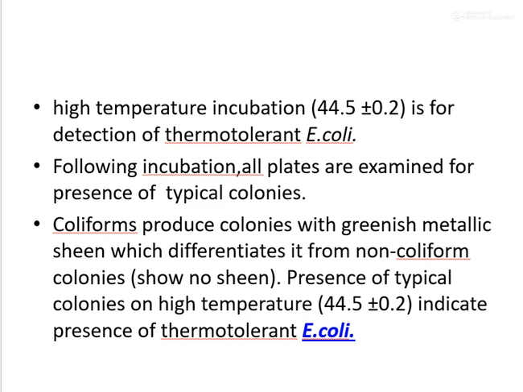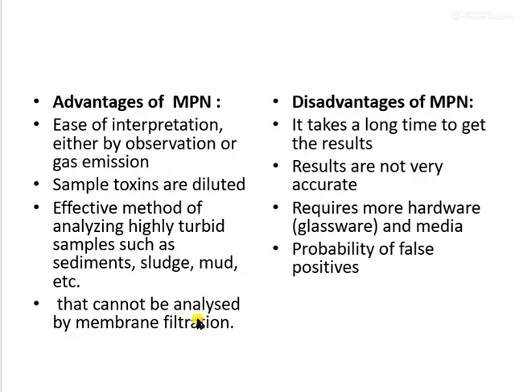coli is there. Now, the advantages of the MPN test are the ease of interpretation, either by observation or by gas emission, and sample toxins get diluted, and it's an effective method for analyzing highly turbid samples such as sediments, sludge, mud, etc., which cannot be analyzed by membrane filtration.